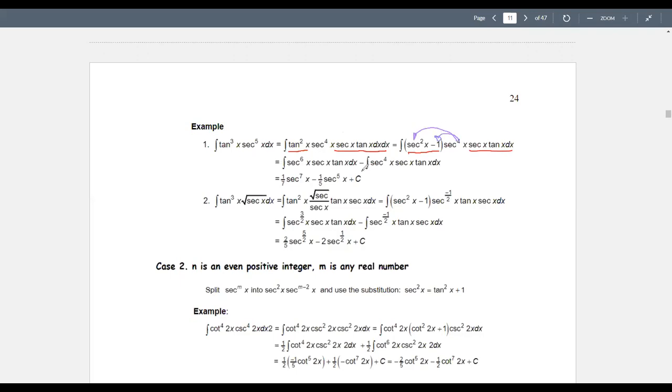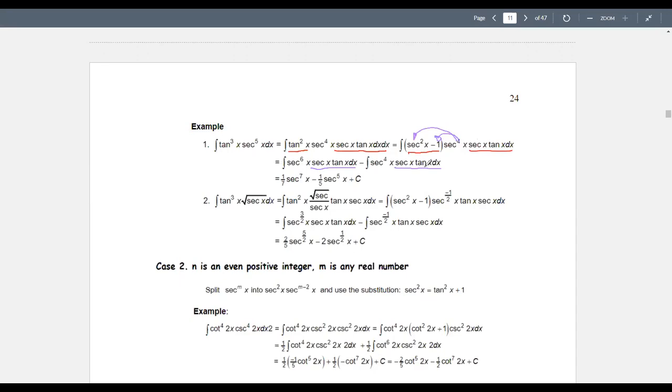What happens? This secant to the fourth times secant squared x will be secant raised to 6x. Again, you see this one? It's just there. It was the set aside derivative. What about this secant to the fourth of x times negative 1? You see here negative secant to the fourth x. Again, you see the secant tangent here.